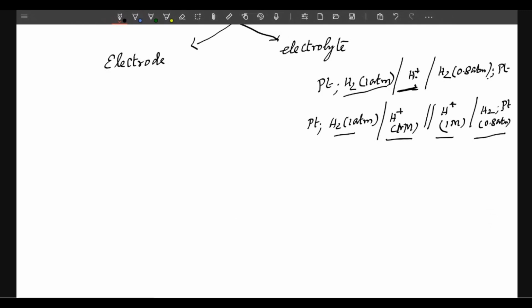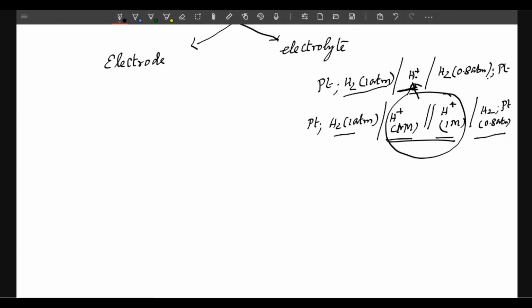Therefore, the representation indicates which concentration cell. First find out whether it is a concentration cell or not. Definitely it is, and it is an electrode concentration cell because the electrolyte concentration is the same. To avoid writing this repeatedly, they may write it in a single way, so these two representations are one and the same.